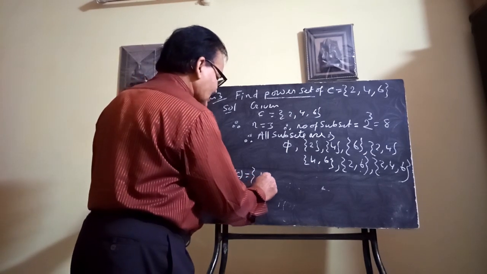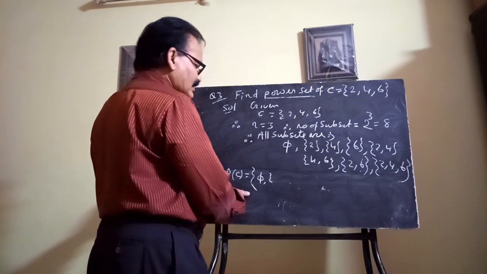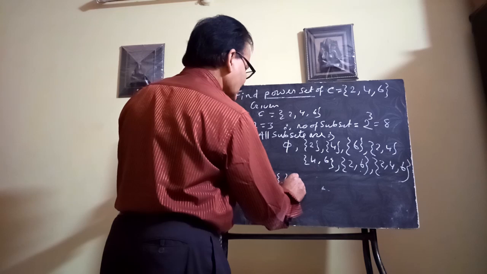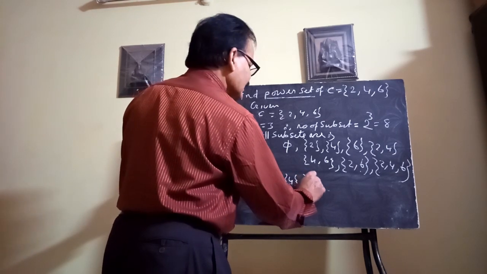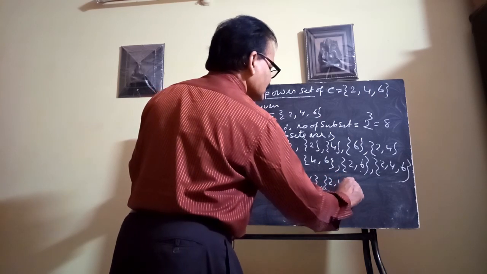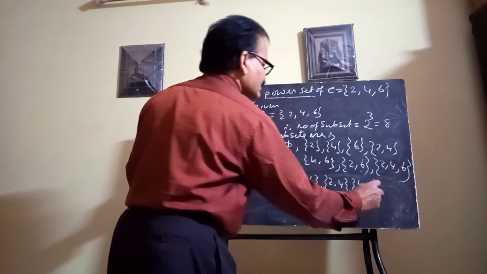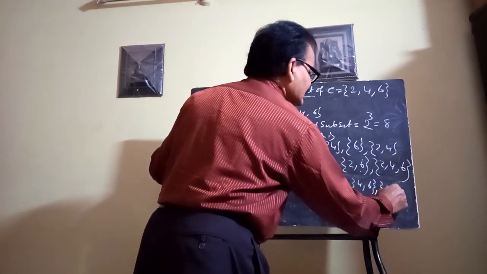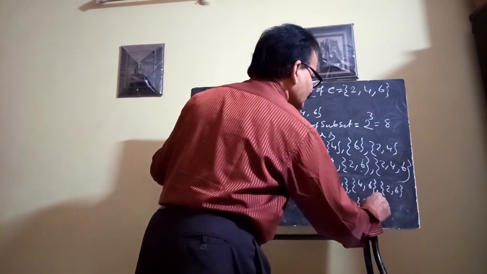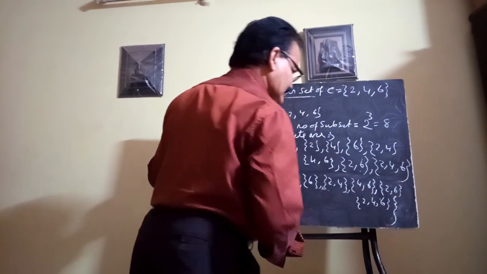That means starting from the null set, you have to write all the subsets under curly braces: the null set, {2}, {4}, {6}, then {2, 4}, {4, 6}, then {2, 6} and finally {2, 4, 6}, and the final bracket is closed.